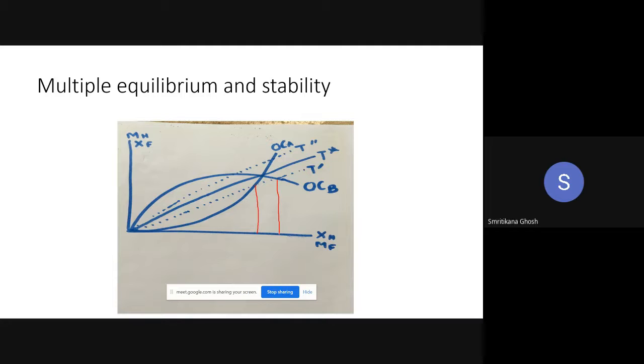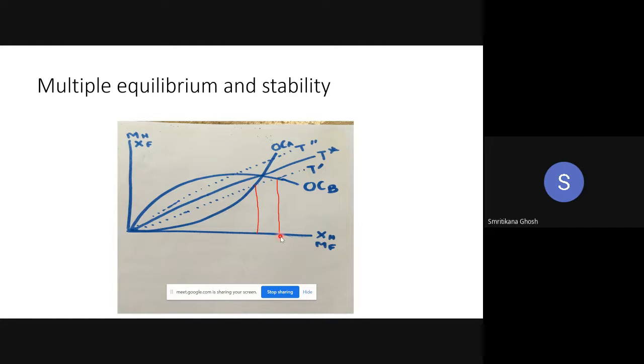For a single commodity, this is the demand and this is the supply. For the same commodity, what I am exporting, you are importing. So I am exporting this much, and you are trying to get this much. Your demand is here, supply is here.